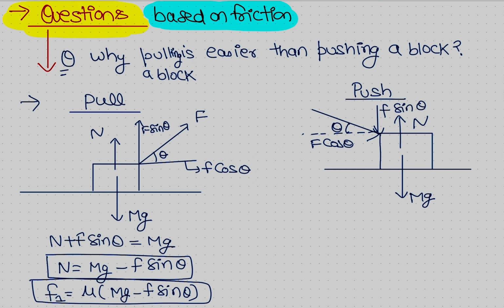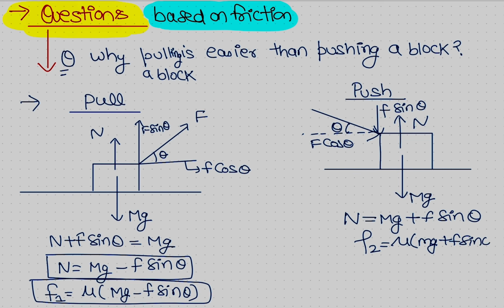Guys, please note the direction here. F sin theta is acting in the same direction weight is acting. So can we say that N equals mg plus F sin theta? Can we put this value into F equals mu N? Yes or no? Great.